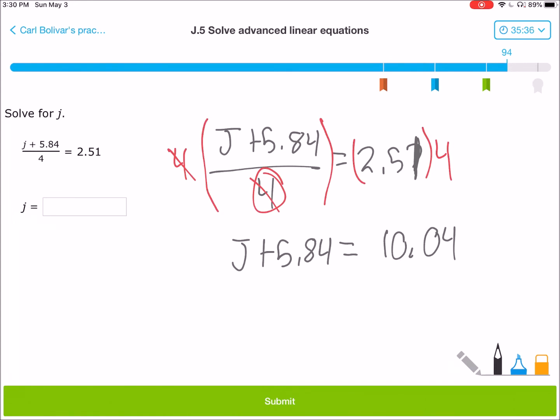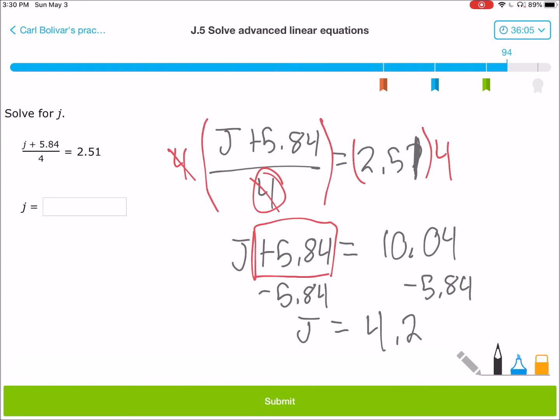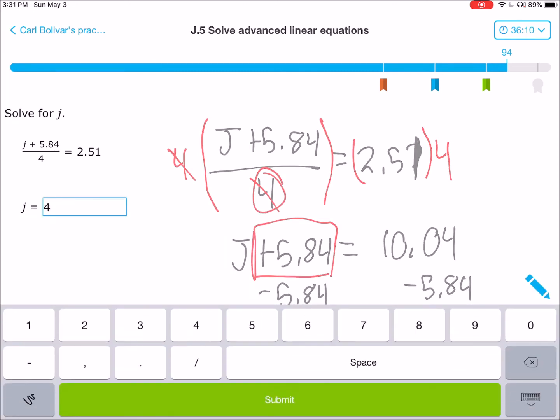Yeah, 10.04. So next I'm going to take this to the other side, so I'm going to subtract 5.84 from each side. Now when we do that, we will get j is equal to 10.04 minus 5.84. Now this is 4.2, so let's put 4.2 here. That's our answer, 4.2. I hope that you guys got that.